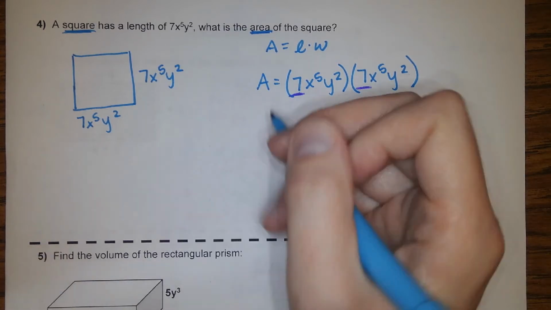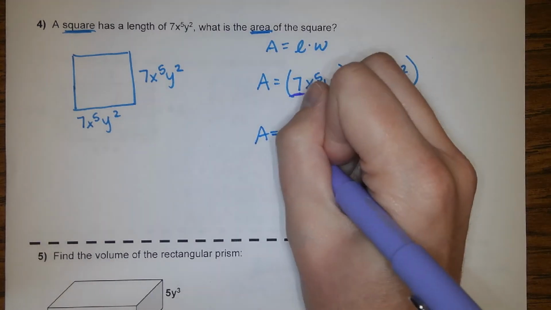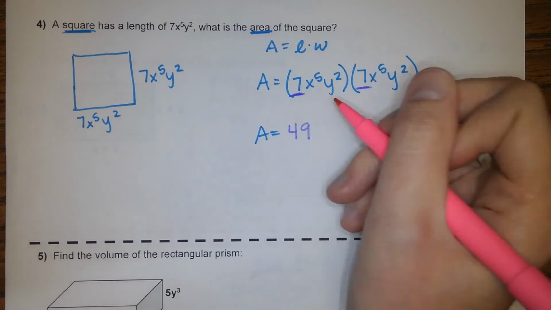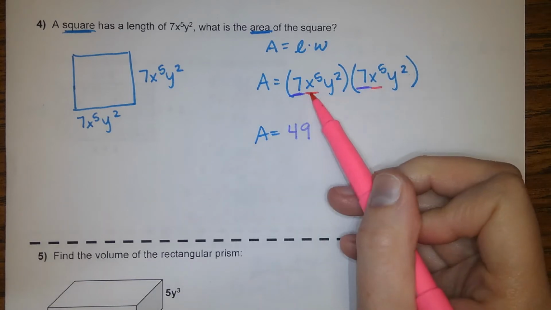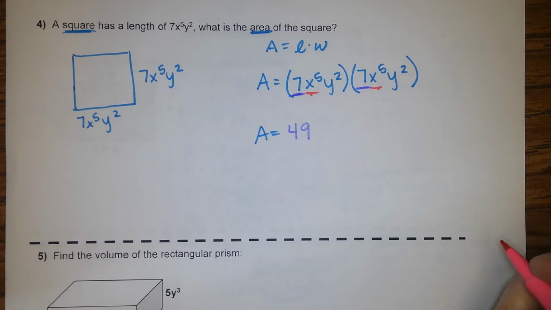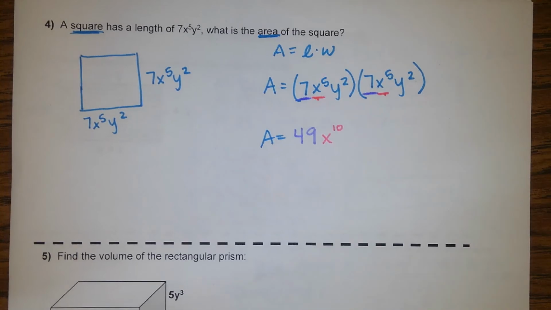So our A will be equal to 7 times 7 is 49, all right? And then we'll be multiplying our x times our x to the 5th times x to the 5th means we add our exponents up to get x to the 10, right?